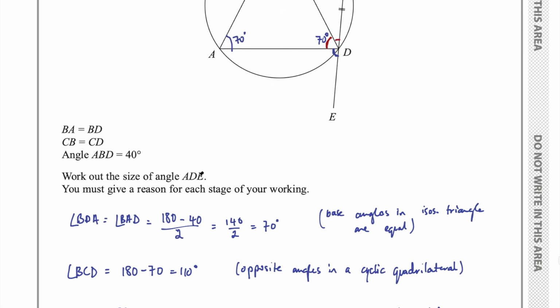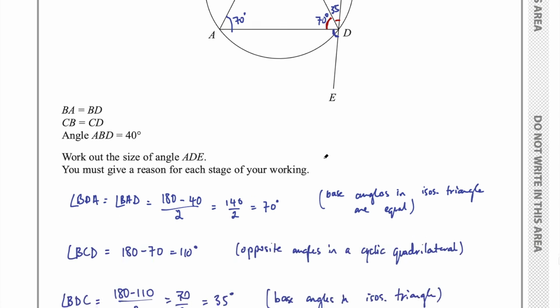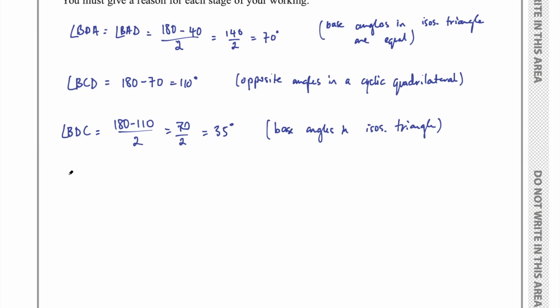So now I know this whole angle here, or at least I know these two angles, 35 and 70, they add up to 105, and I can work out ADE. So here I can say angle ADE equals 180, angles on a straight line, or degrees on a straight line, take 70 plus 35.